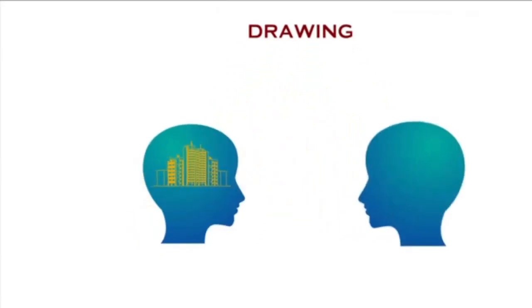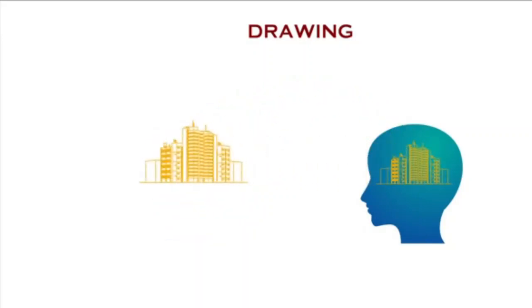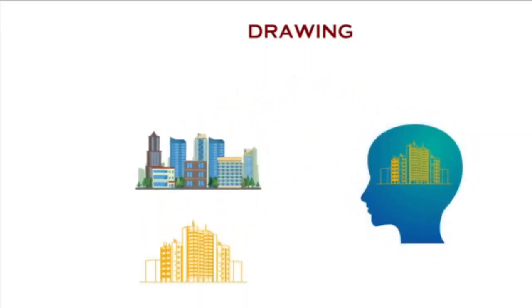So what is drawing? Drawing is a graphical language that communicates ideas or any information from one mind to another, or it may be defined as the graphical representation of any object or idea. These are the two definitions of drawing.